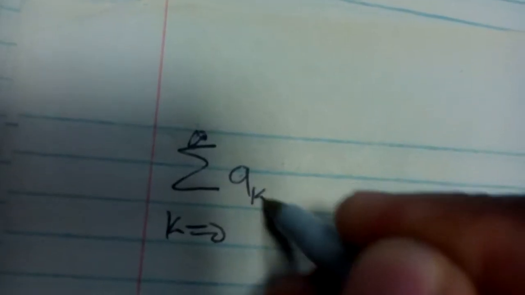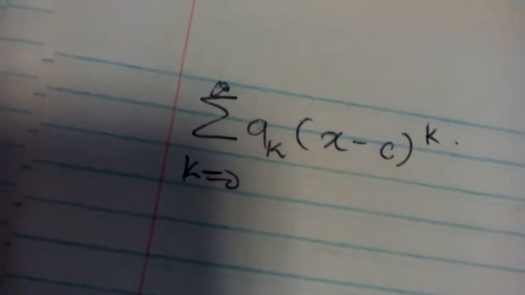And there's a theorem there which says that given any power series that's given in this form, sum from k equal to 1 up to infinity of a_k (x minus c) to the power k, there are three possibilities.